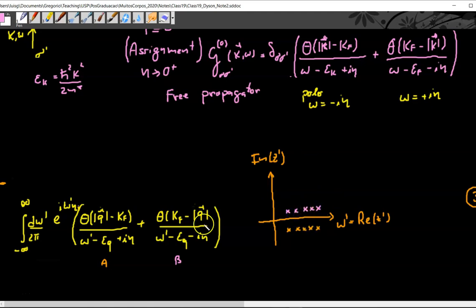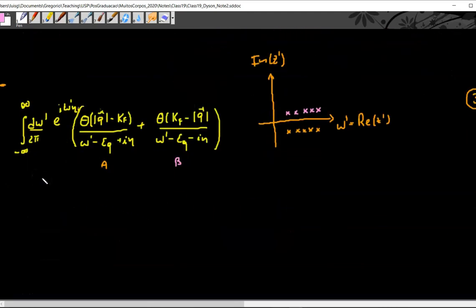Okay, notice now this factor here. When I go from this to an integral where I replace omega prime by this z prime, I would have something like an integral in z prime, and I'll have to choose a contour that will allow me to reflect that this goes from minus infinity to infinity in the real axis.